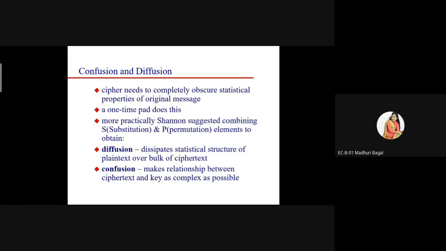The diffusion can be used to hide the information between the plain text and ciphertext, and the confusion can hide the information between the ciphertext and our key. Okay, so once again, understand the difference between confusion and diffusion. Diffusion hides the information between plain text and ciphertext, and confusion hides the information between ciphertext and key.